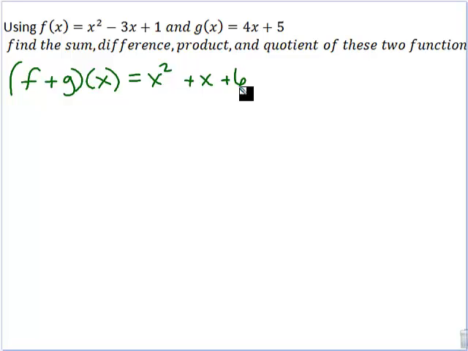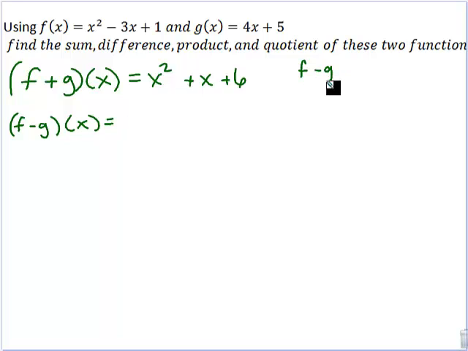Okay. The difference, so f minus g of x. So now I want to subtract my like terms from one another. Some of you may find it useful to write this out with subtraction signs or the opposite signs in front of your g of x.